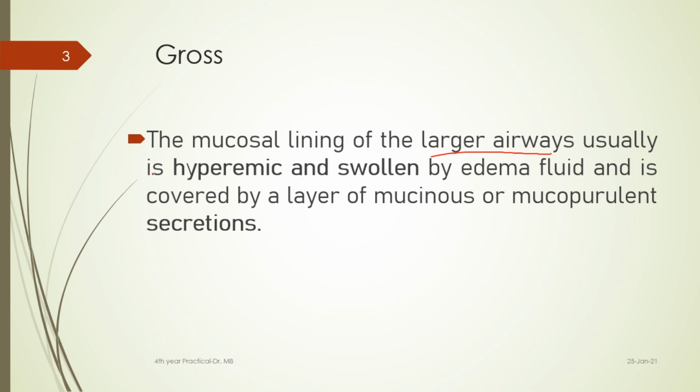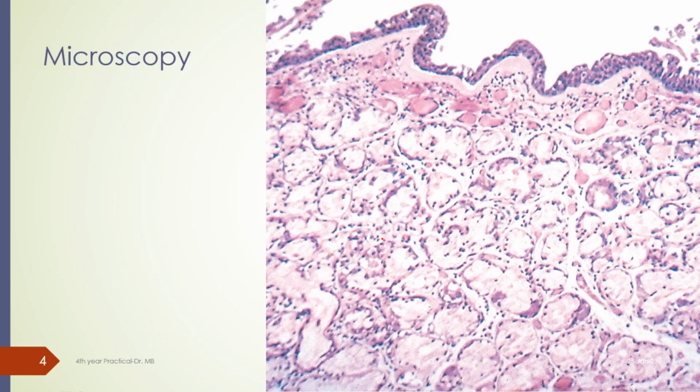Now on gross morphology, the mucosal lining of the airways may be hyperemic, may be red appearing and swollen due to the presence of edema fluid, and then there may be mucus secretions on the surface.